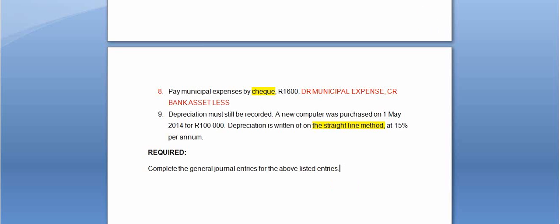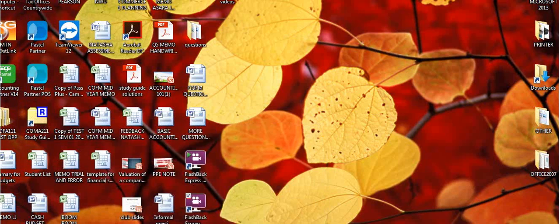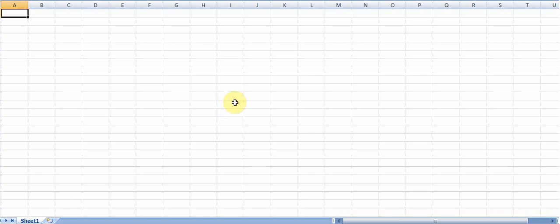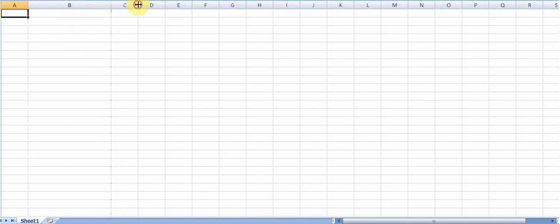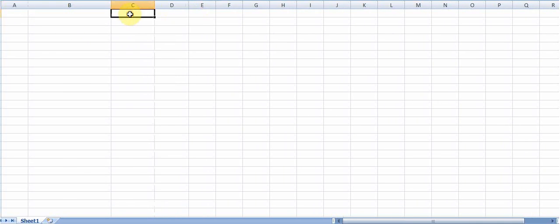Right? So I just quickly want to open a spreadsheet and then we can complete our answer. So general journal, I'm going to have space for the accounts. I'm going to have a debit and I'm going to have a credit. So for the first entry, what am I going to say?